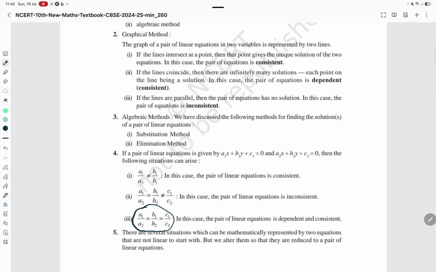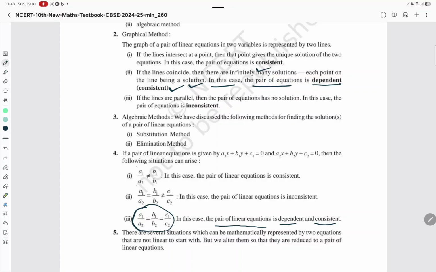Third case, the pair of linear equation is dependent and consistent. If the lines are coincident, there are infinitely many solutions, each point on the line being a solution. In this case, the pair of equation is dependent, that is consistent.